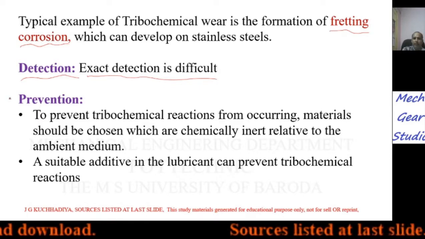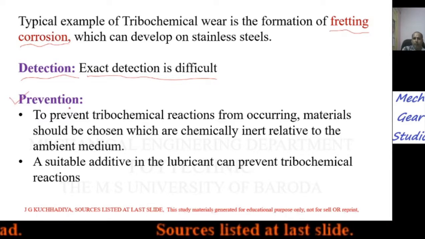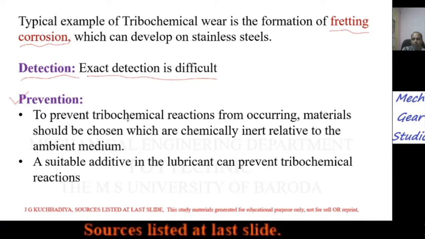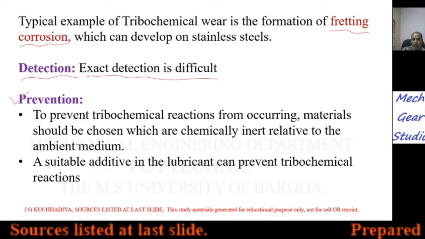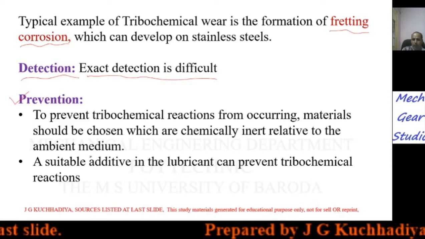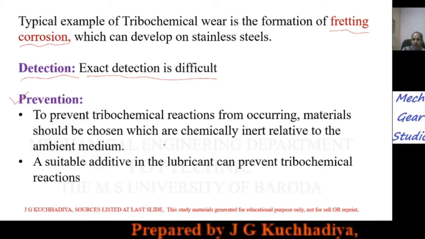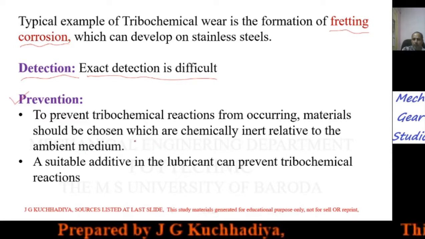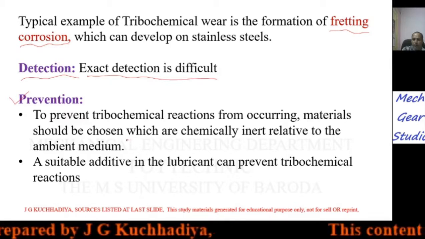The prevention technique here is to prevent the tribochemical reaction from occurring. Materials should be chosen which are chemically inert relative to the ambient medium. Select a material which does not react with oxygen.